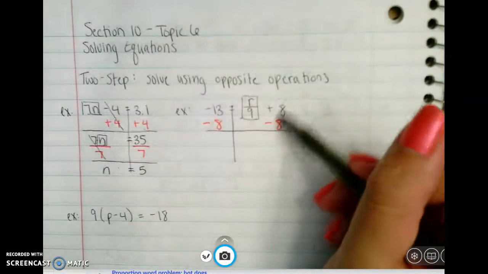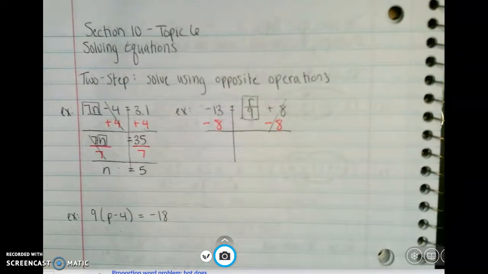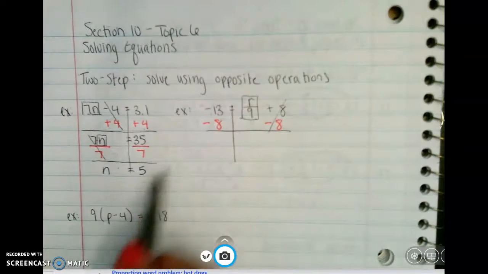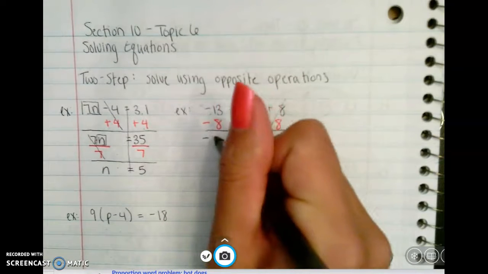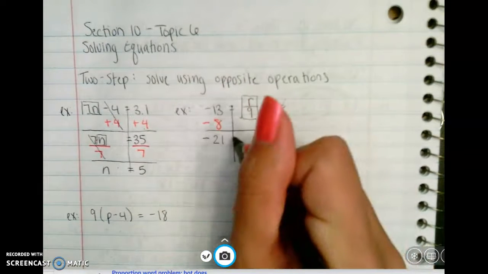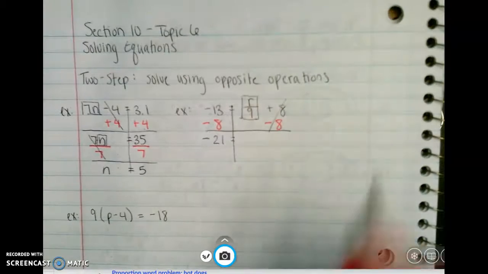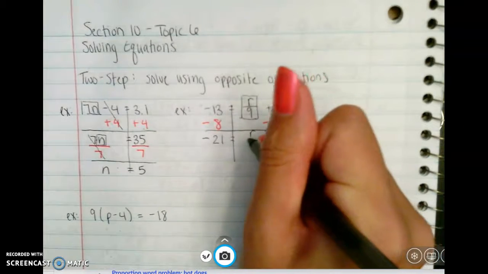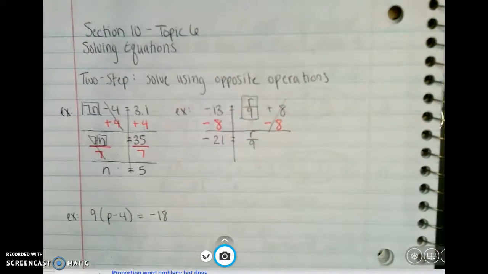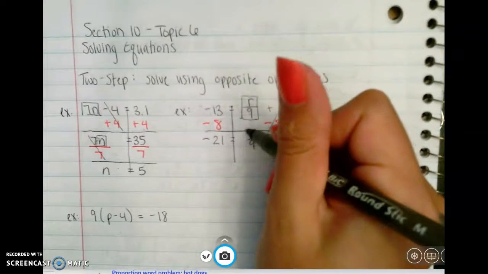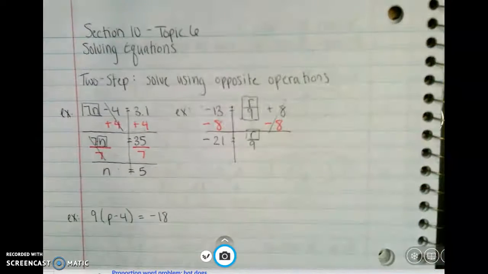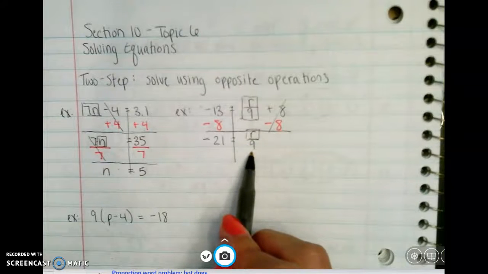The plus 8 and the minus 8 cancel out. Negative 13 minus 8 is negative 21 equals r divided by 9. So again, we need to get r by itself. Right now, the only thing that's in our way is this dividing by 9.